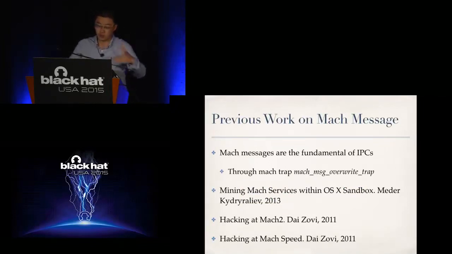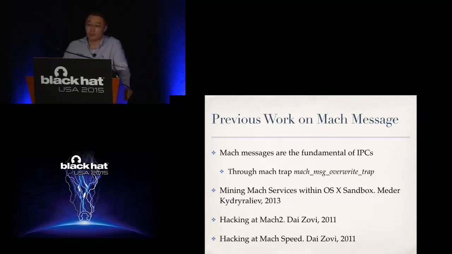It's implemented through the Mach trap called mach_msg_overwrite_trap. As a result, if you look at the history, there's a lot of very good previous work. For example, the talks listed in this slide discussed the internal details of Mach messages and also introduced how to find vulnerabilities in Mach message-based services.